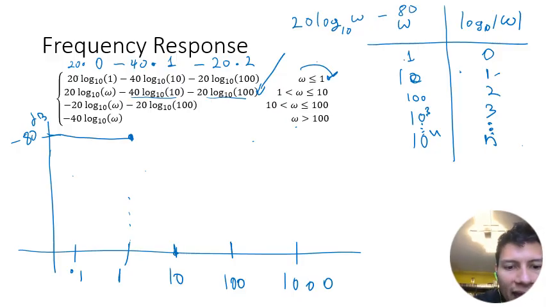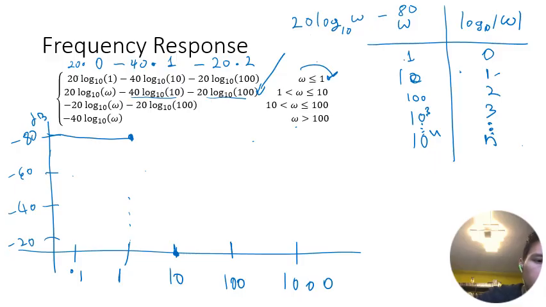Okay, so when it's 10, the log base 10 of 10 will actually be equal to 1. So you have 20 minus 80, so this is going to become, wait, oh shoot, I did this wrong.